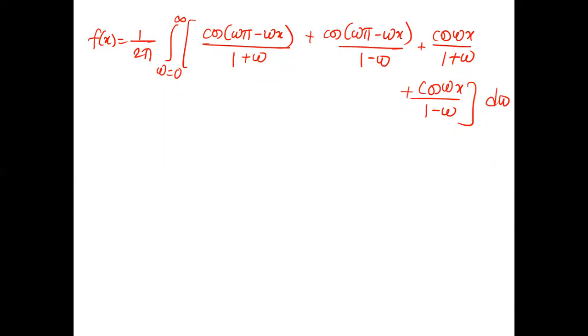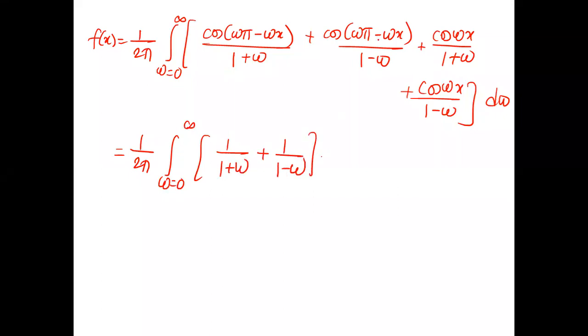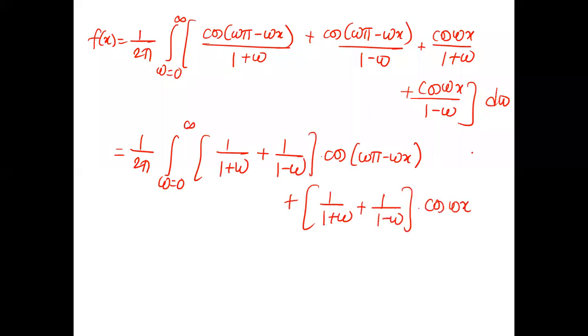Okay, so now if you can see, these two are same. Their coefficients get added. 1 upon 2 pi, 0 to infinity, is 1 upon 1 plus omega plus 1 upon 1 minus omega into cos omega pi minus omega x. The common thing is getting out. Same here, cos omega x will be taken out. So 1 upon 1 plus omega plus 1 upon 1 minus omega into cos omega x.